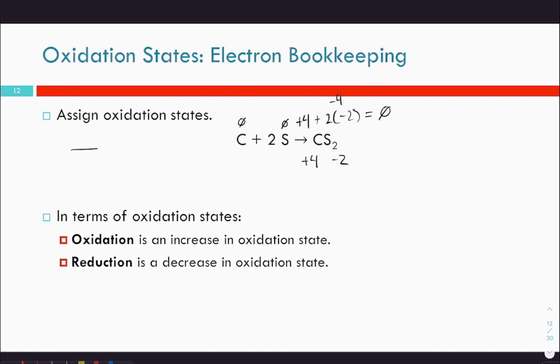So if we want to number line this, think about 0 going to +4. You have to lose electrons to move in that direction. Oxidation is loss. So carbon was oxidized. Sulfur went from 0 to -2.